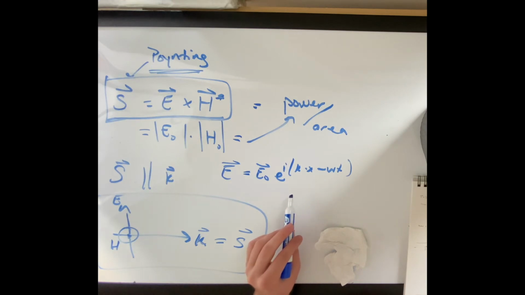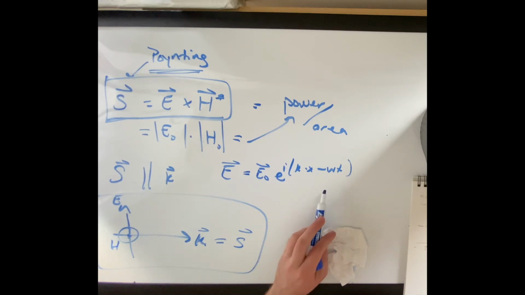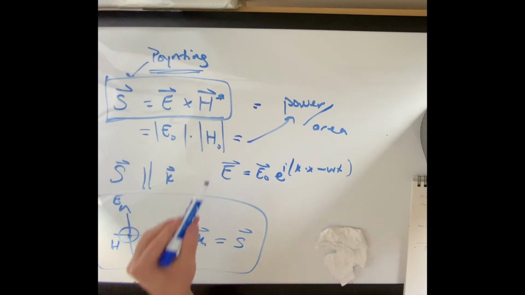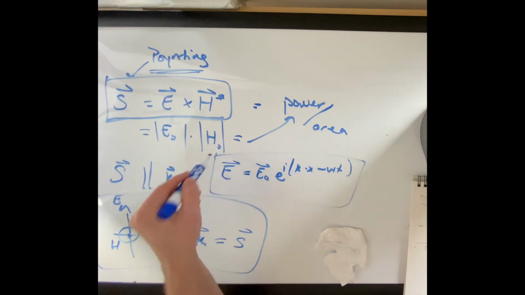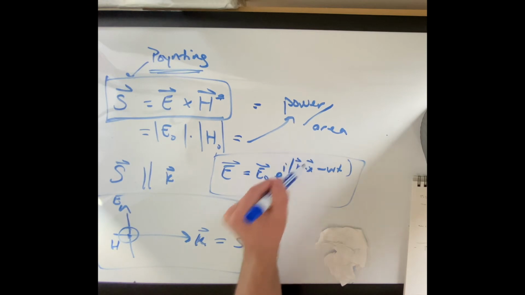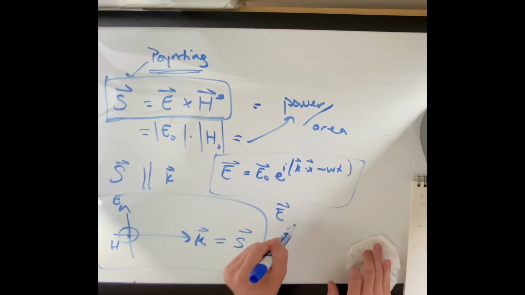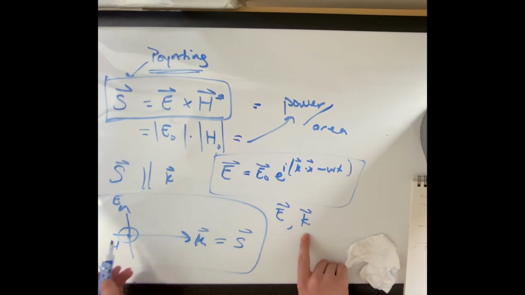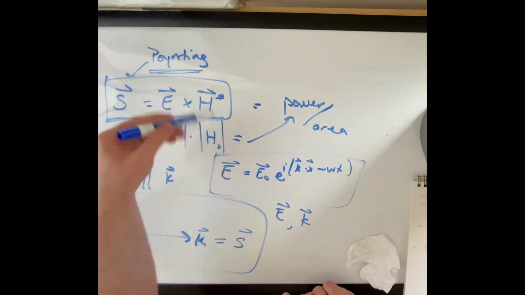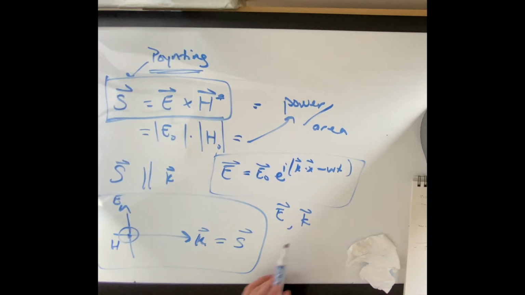The phase would be off. Anyway, it'll be slightly different, but we almost never write that because if you know E as a vector and you know K as a vector, you can actually totally compute H because it's sort of determined by this, right? And so you never really would write H because it's sort of overdetermined.